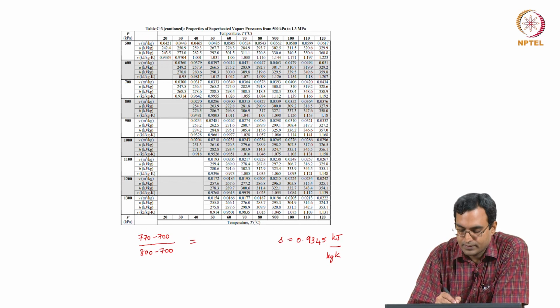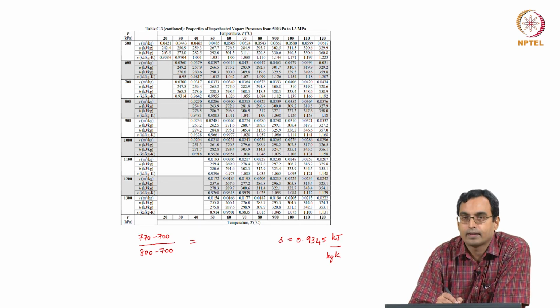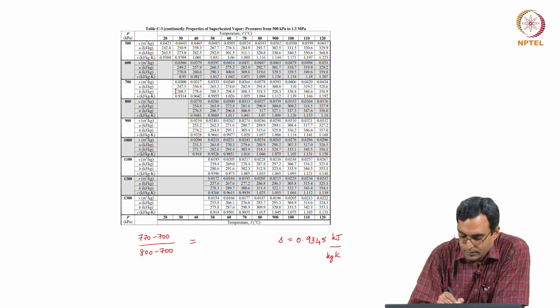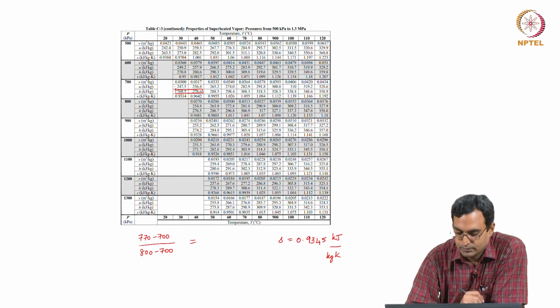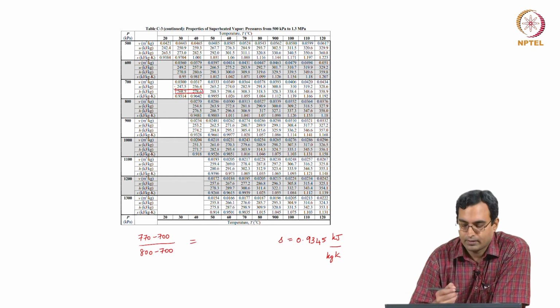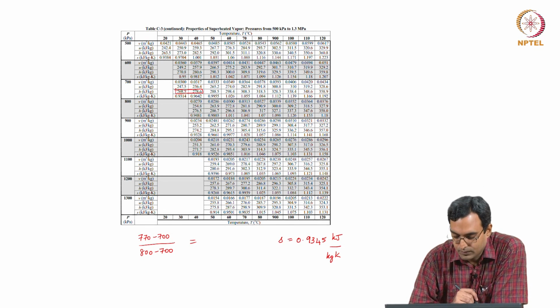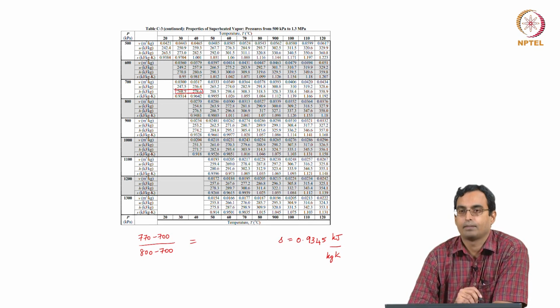So, the entropy which I have is somewhere between these two, which means my point lies between these two temperatures, which means my enthalpy will also lie between these two values. So, what I am going to do is to take these two values and assume that the pressure is close to this and take the average of these two values and take that as the enthalpy which I have.